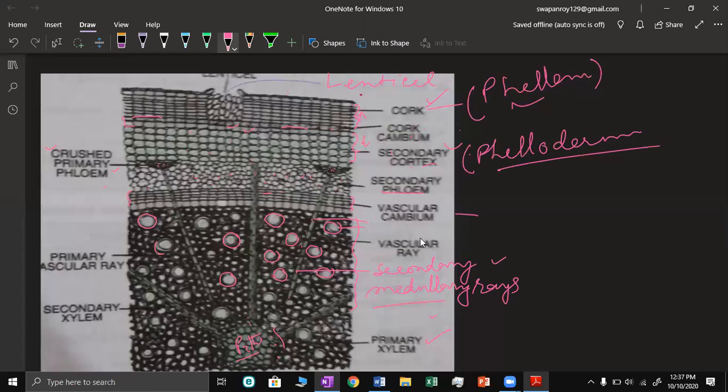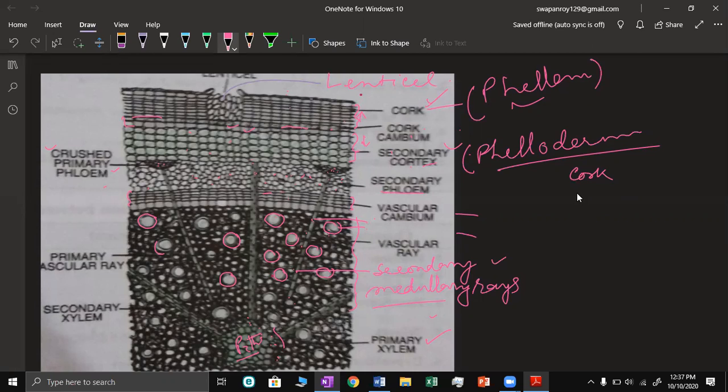After that, secondary xylem, that is wood, and then the primary xylem.